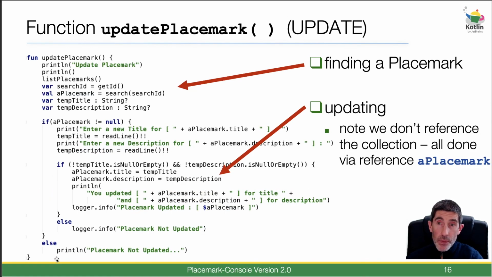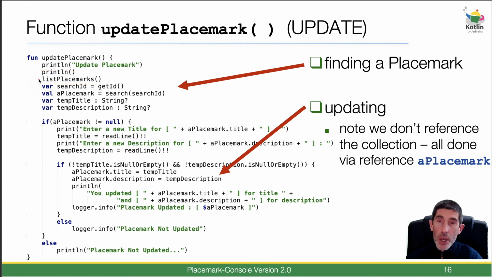Now our update, which is a little bit more complicated. First of all, we need to go find a placemark. So we have some helper functions there. Again, this is just my own personal preference, first of all, just list the placemarks, because we need the ID. I'm just going to display it back to the user, because we can't expect the user to remember every ID.